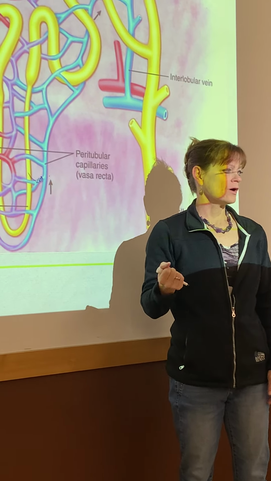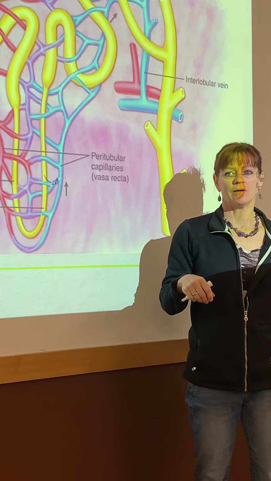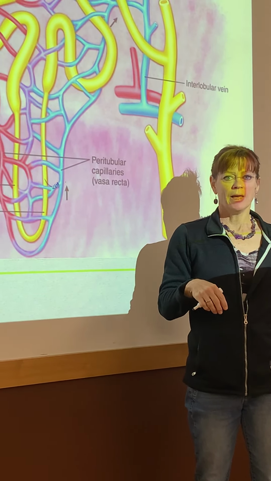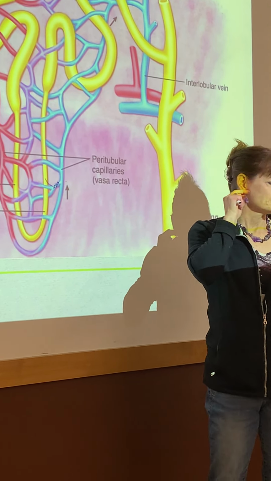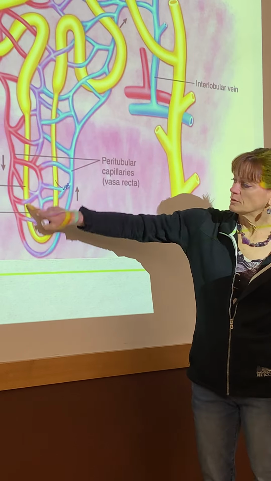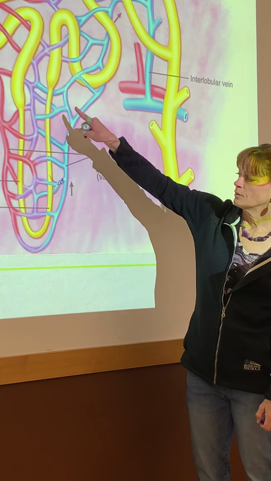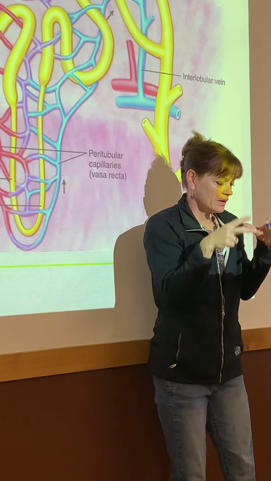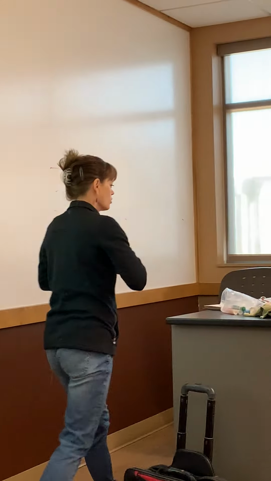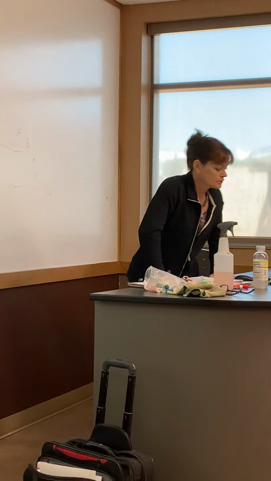If you filtered out 180 liters and you peed out 180 liters, man, you'd be in trouble, right? You wouldn't have any plasma left. So, the job of the loop of Henle is to concentrate the urine into a smaller volume with higher solids.